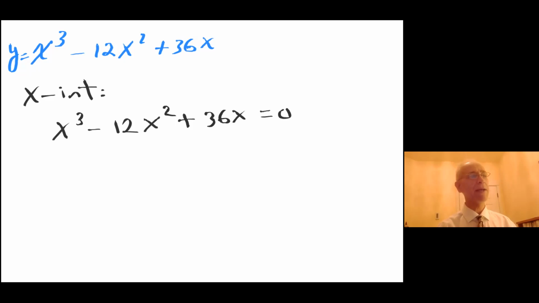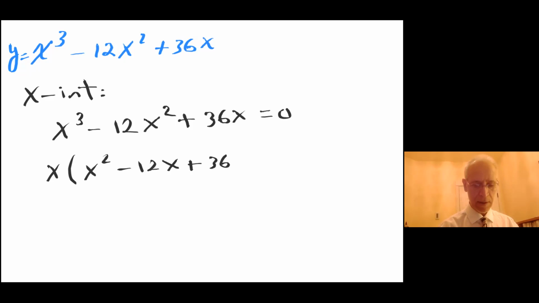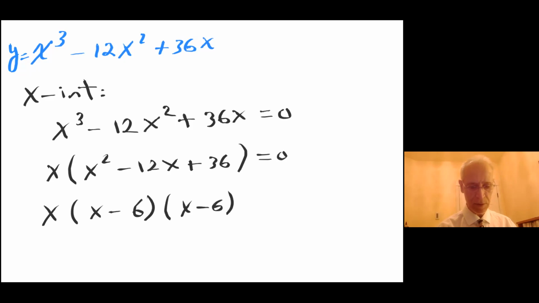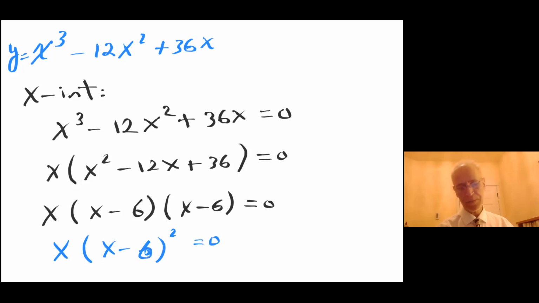I'm going to factor an x out of this. x times x to the second minus 12x plus 36 equals 0. And notice this is totally factorable. So here's x, x minus 6, and x minus 6 equals 0, which is the same as saying x times x minus 6 quantity squared equals 0.